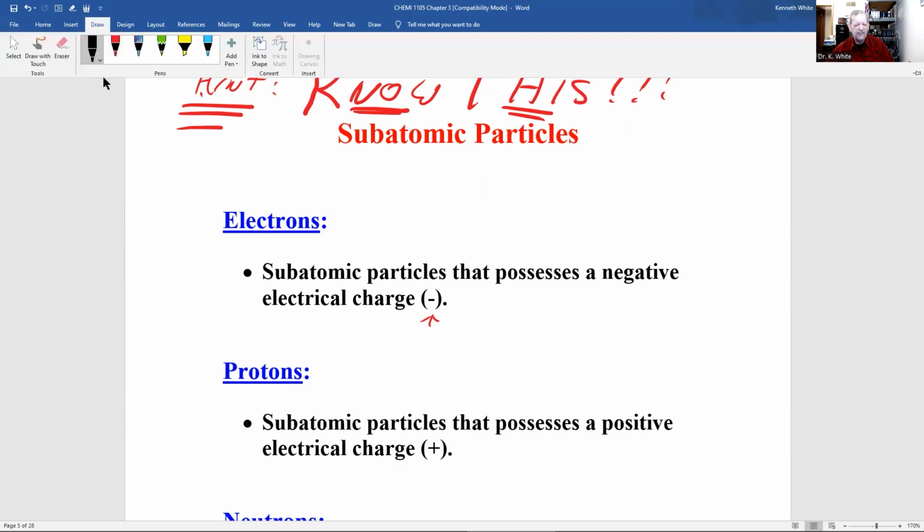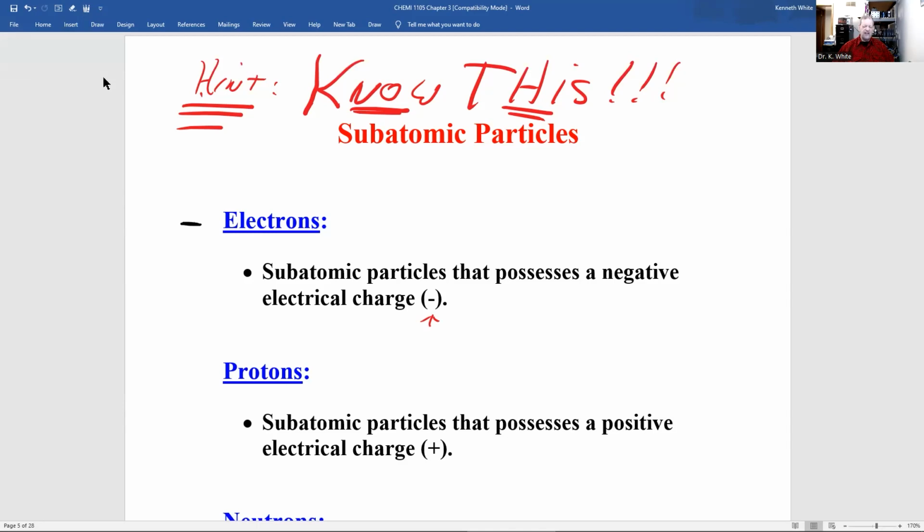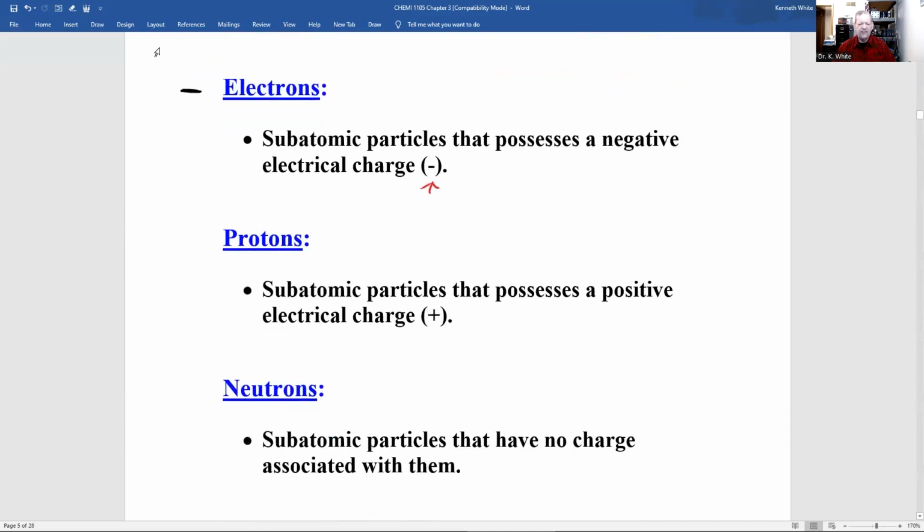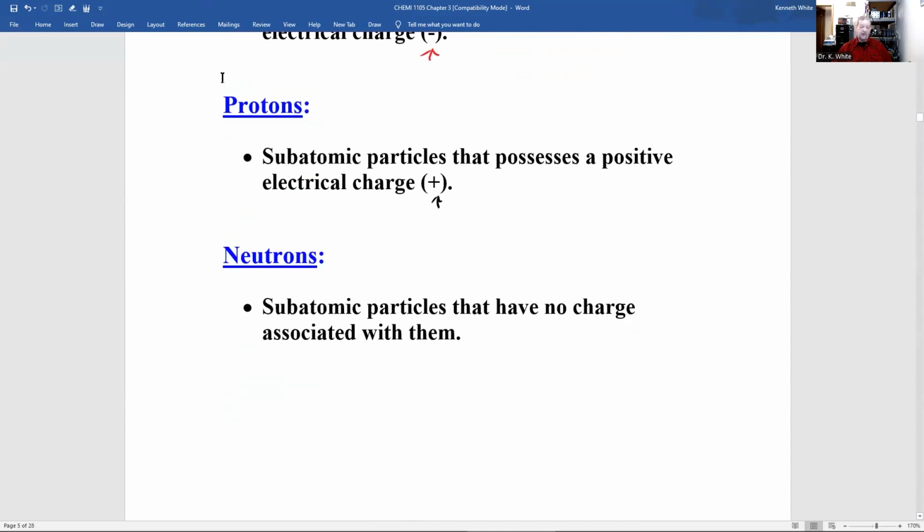So the first subatomic particle is an electron, and it has a negative charge. The next one is a proton. A proton is a subatomic particle with a positive charge, which you should know. And the final one is the neutron. A neutron is a subatomic particle that has no charge at all.